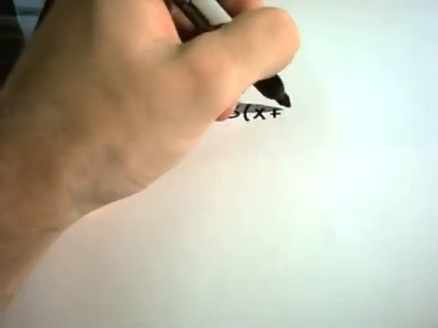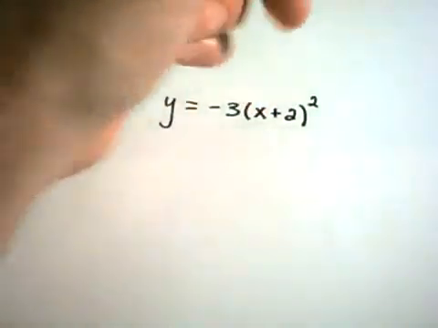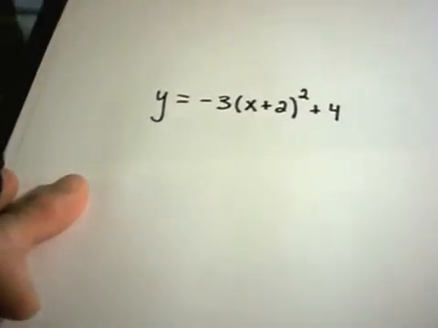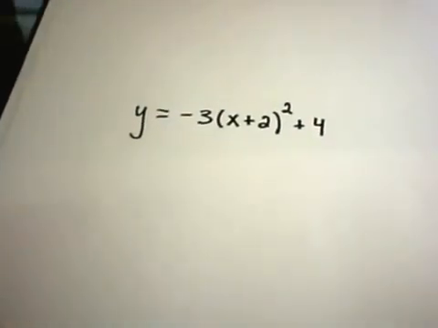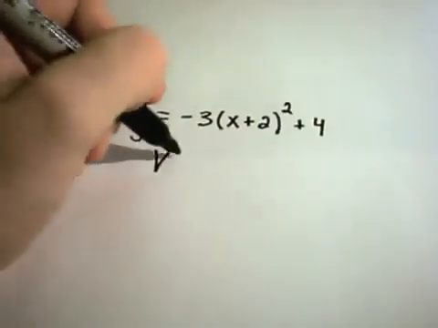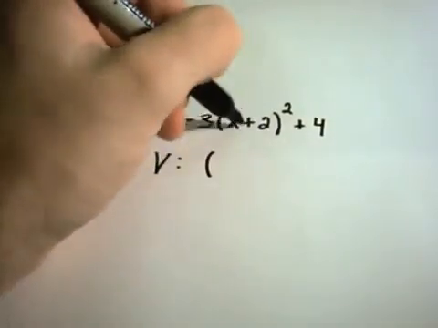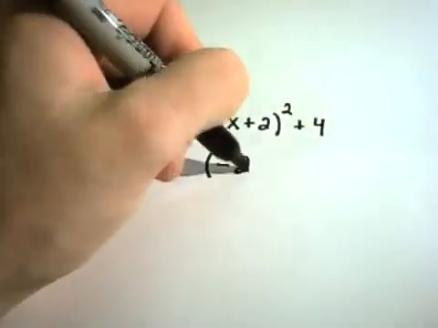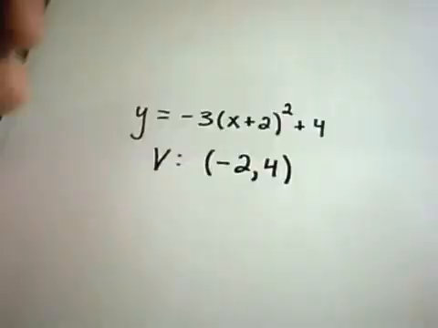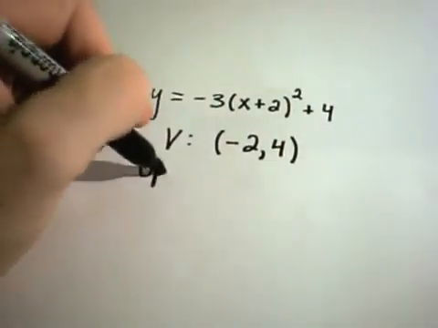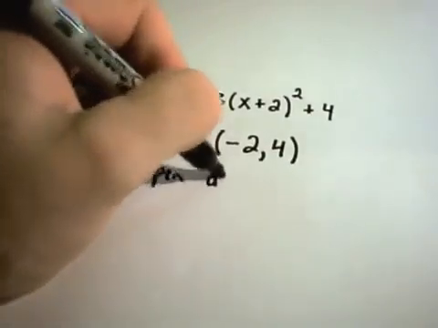So suppose this one was y equals negative 3 times x plus 2 quantity squared plus 4. For this one, the vertex is going to be at the point, again you take the opposite sign, so negative 2 comma 4, and it's going to open downwards because of the negative 3.